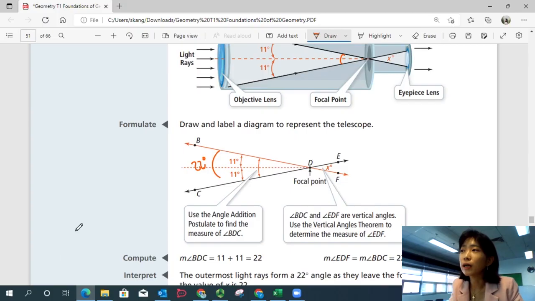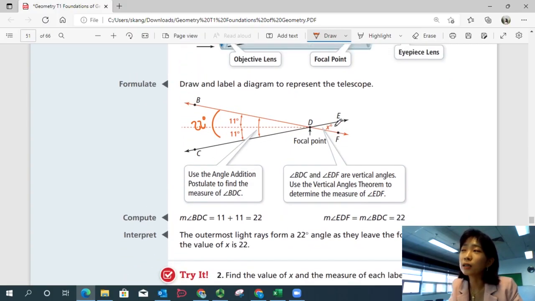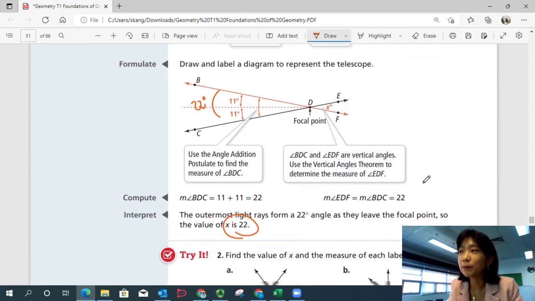So you can use the vertical angles theorem to determine that angle x is also going to be 22 degrees. So the outermost light rays form a 22 degree angle as they leave the focal point. So the value of x is 22, our answer. Okay, so you can use the theorem to figure out algebra in real life as well.